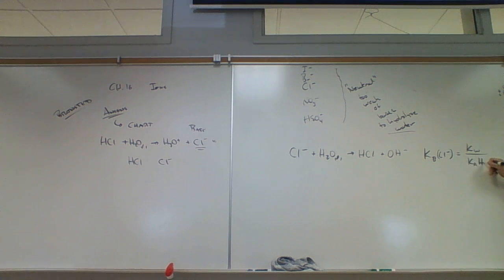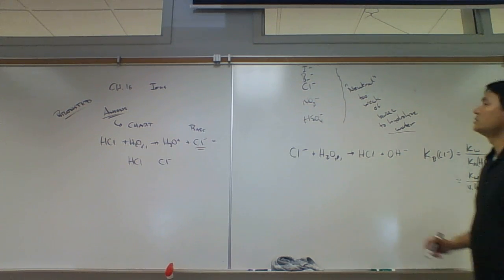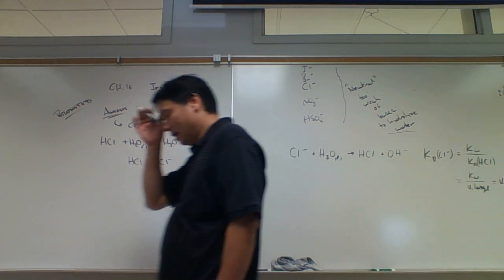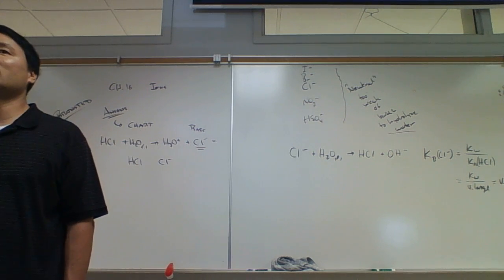Hydrochloric acid. Ka for hydrochloric acid you should have in your memory. What is it? Very large. So if we're dividing by a very large number, this number comes out very small. And so if Kb is very small, then the amount of hydrolysis is pretty negligible. And so this is what we call the conjugate base of the strong acids.